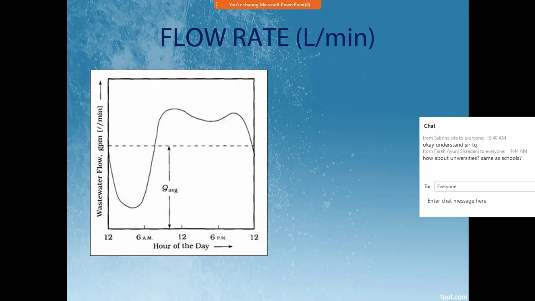Not now, later on. Just send it to the WhatsApp group that for universities the estimated PE is like this. I just put the number.